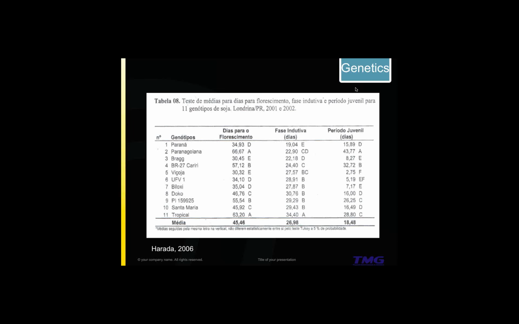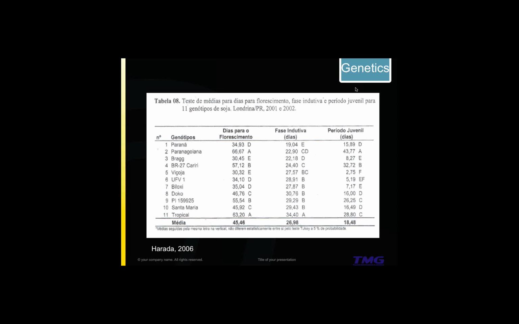Carrie's question was to Everson: did moving into an indeterminate in Brazil improve yields? That's a very good question. I actually do have a slide.